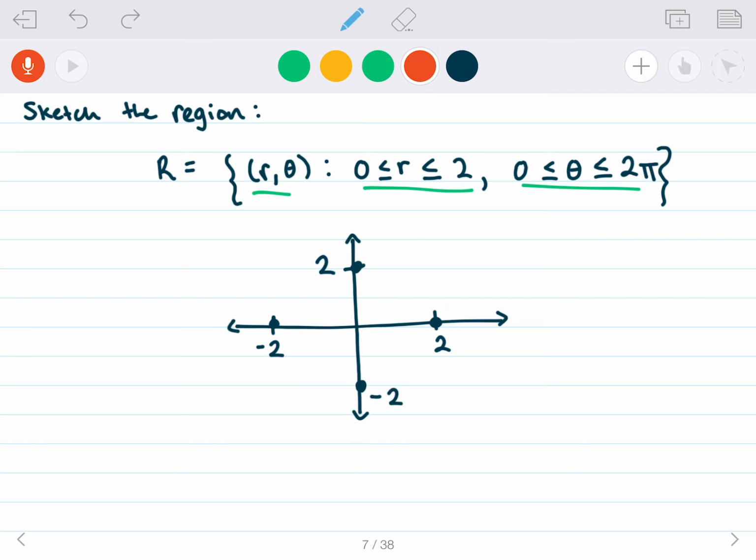So this is our circle right here, and our region is going to be everything shaded in the circle. My radius is going from 0 to 2, theta is going from 0 to 2 pi.